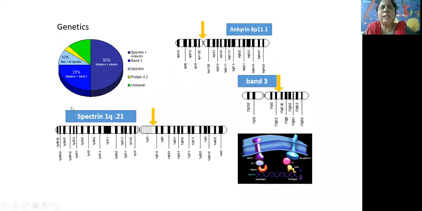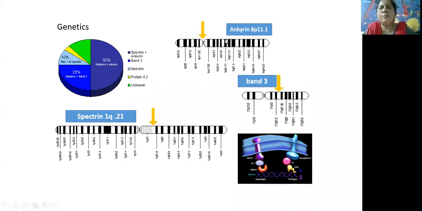So any one can be affected. The commonly affected one is ankyrin in 50%, band 3 in 25%, and spectrin in 10%. The others are the remaining, 4.1, 4.2, all that is the rest of it. So ankyrin, band 3, spectrin.